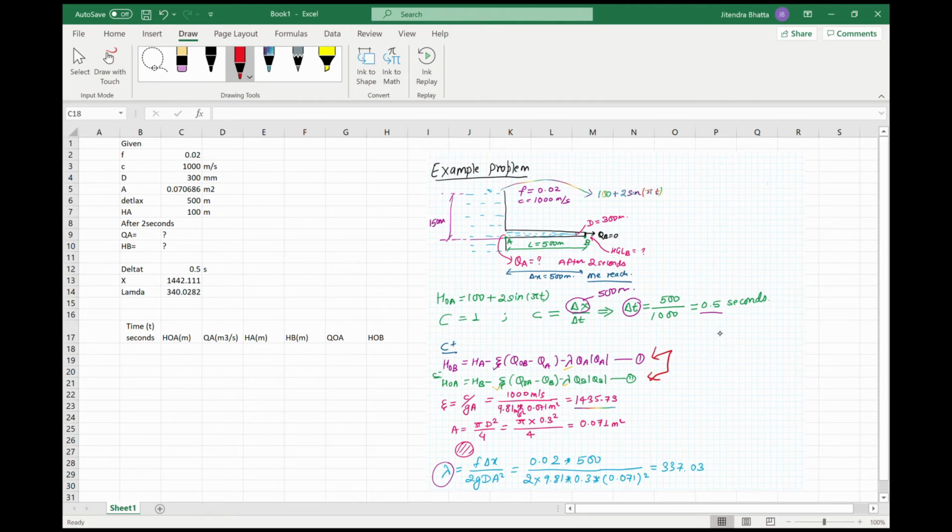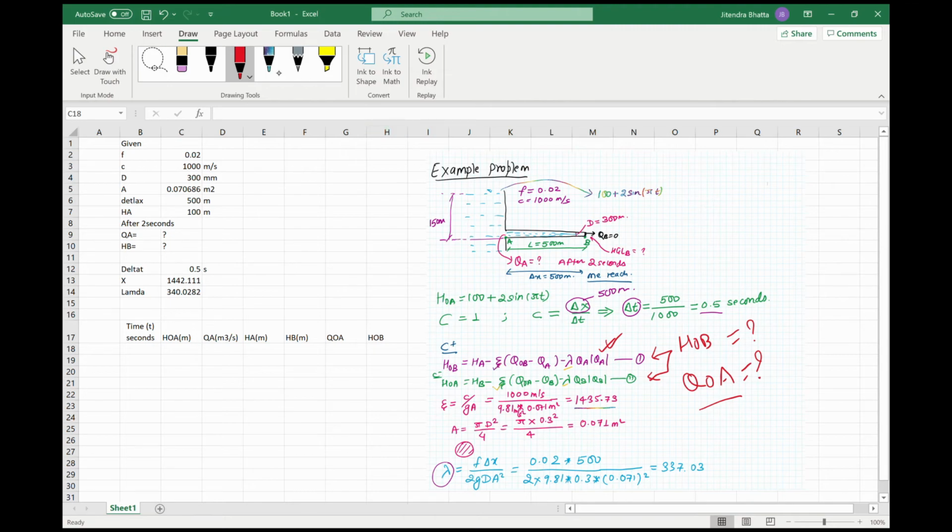What you can do, you can find HOB and QOA. Your HOB will be given by this equation directly, but for your QOA you have to do some manipulation here and obtain your QOA.